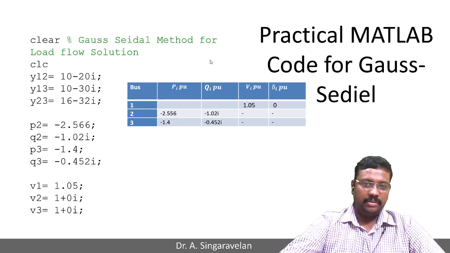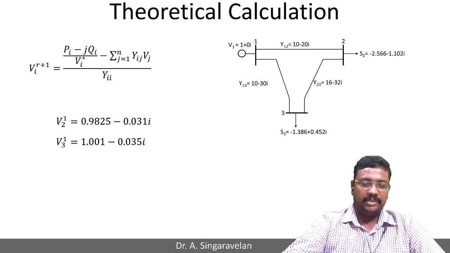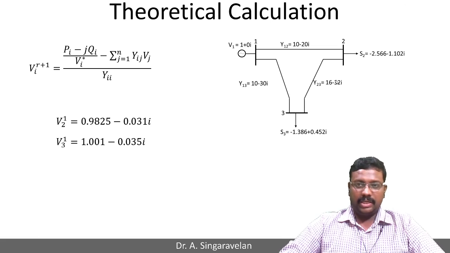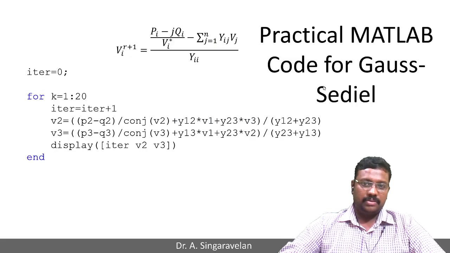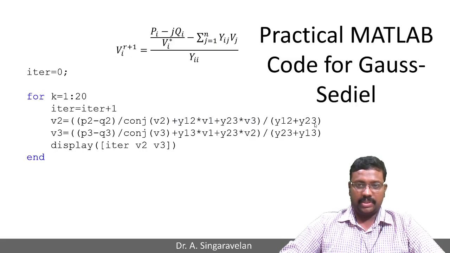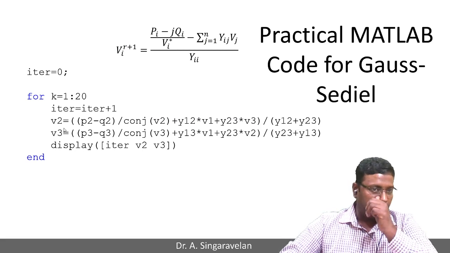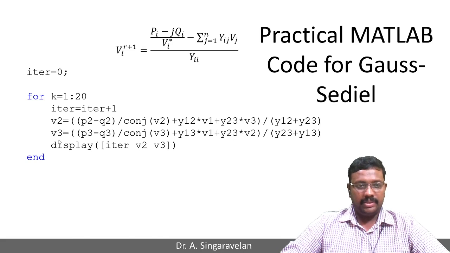What is Y22? It is the total admittance coming from this bus, Y12 plus Y23. By solving this, V2 will be updated, and for V3 it is the same, filling in whatever is available for bus 3.